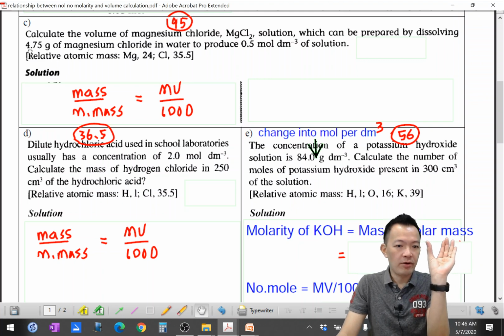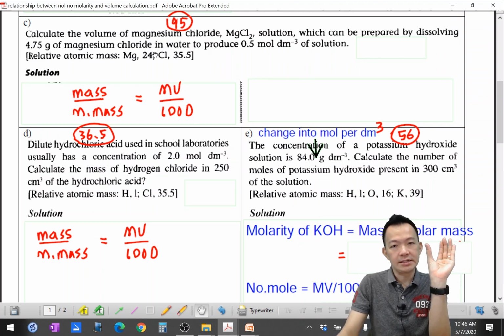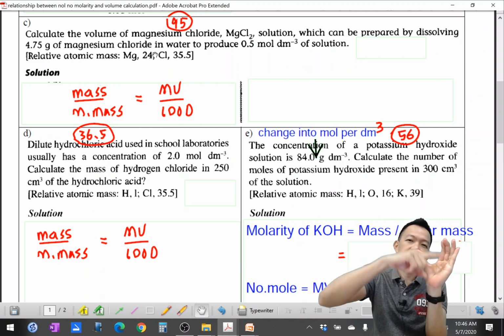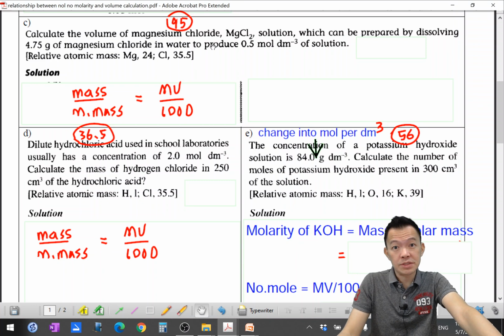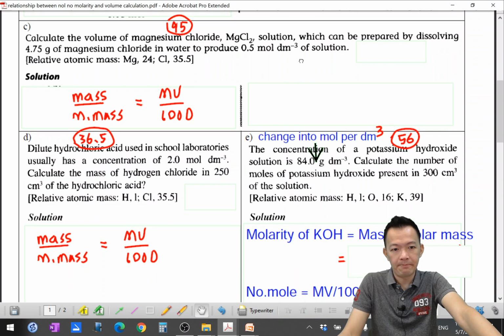The bottle contains 4.75 gram of magnesium chloride, a little leftover powder, don't waste it. Now go and make some solution, 0.5 mol per cubic cm, fill it into bottles and label them.